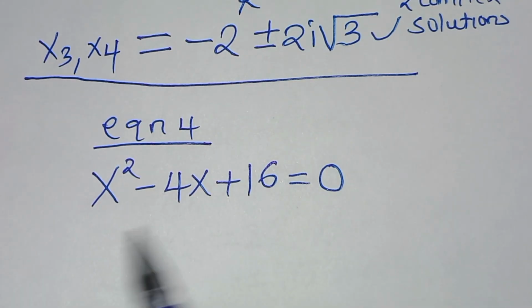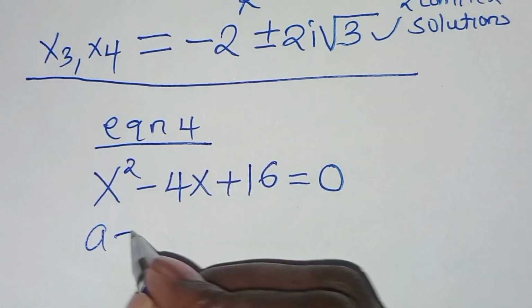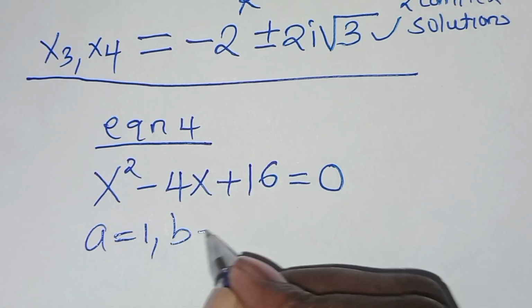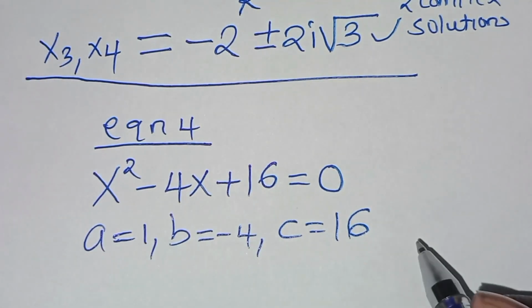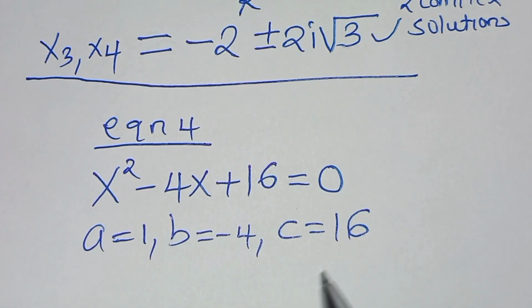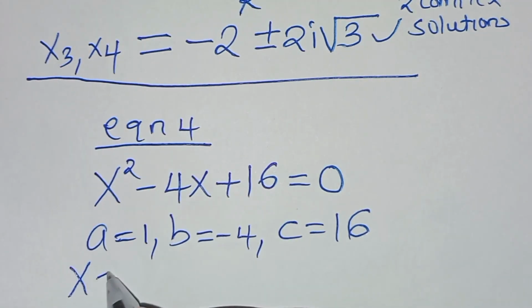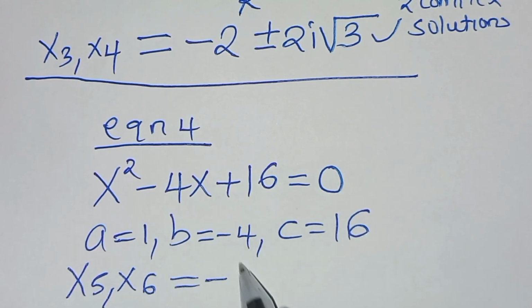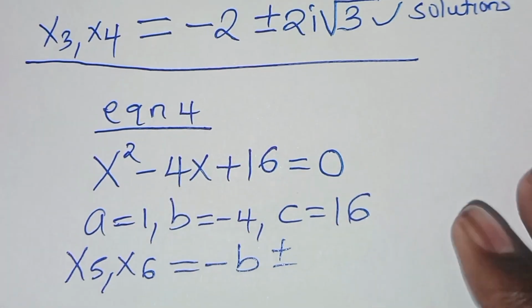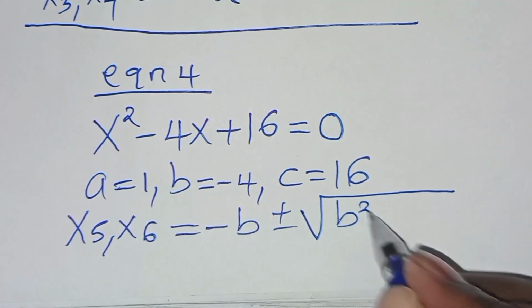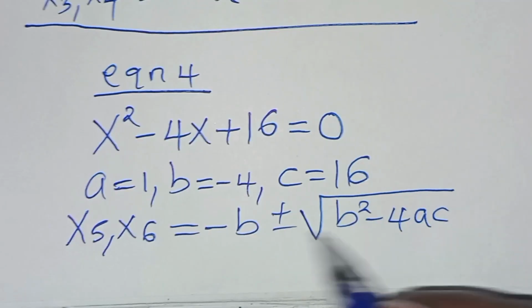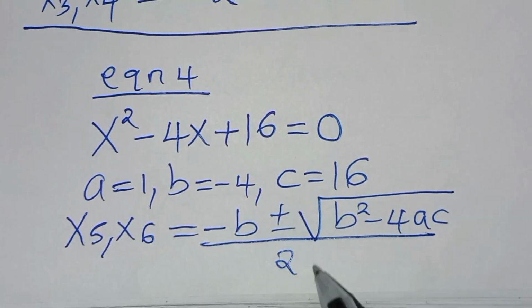This is a quadratic equation where a is equal to 1, b is equal to minus 4, and c is equal to 16. Now, applying the quadratic formula, we can solve for x5, x6. The quadratic formula is minus b plus or minus the square root of b squared minus 4 times a times c, all this divided by 2 times a.